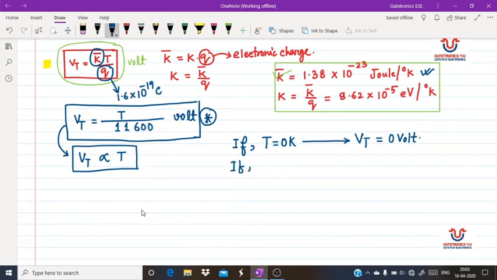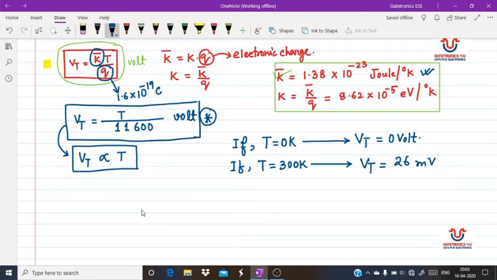And if the temperature is 300 K, that is the room temperature or normal temperature, then the Vt value is equal to 26 millivolt.